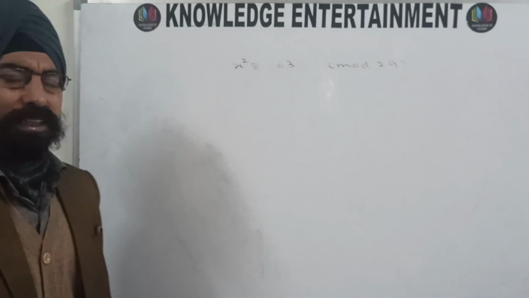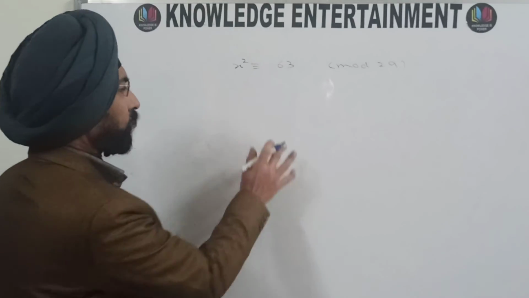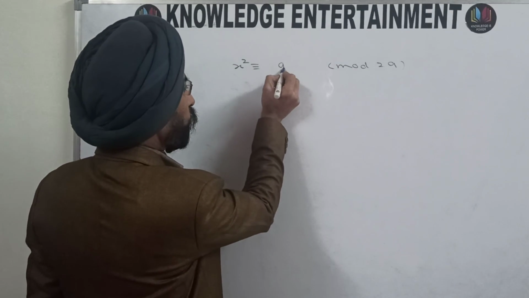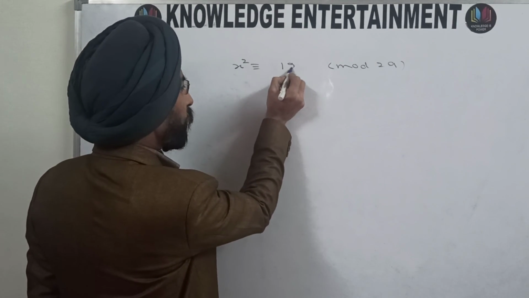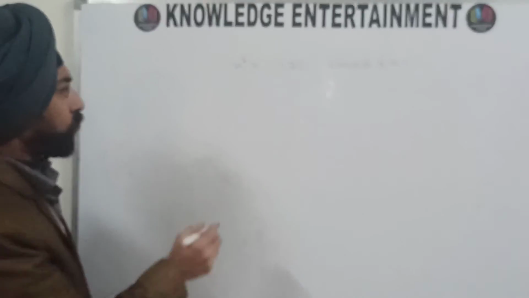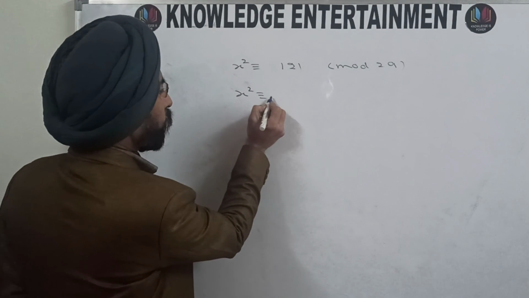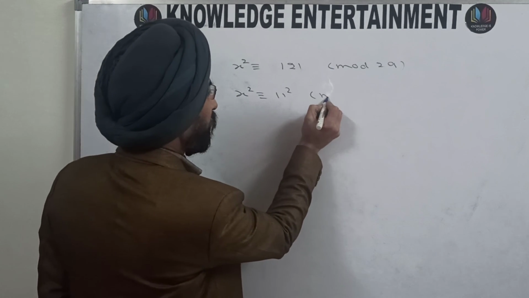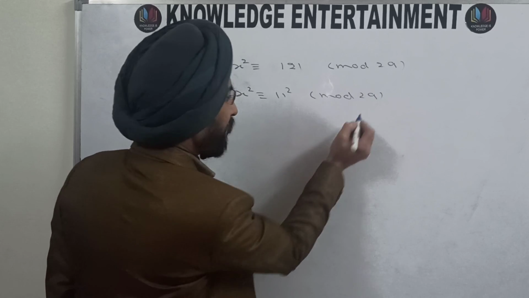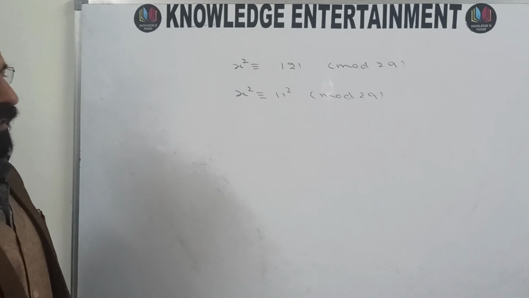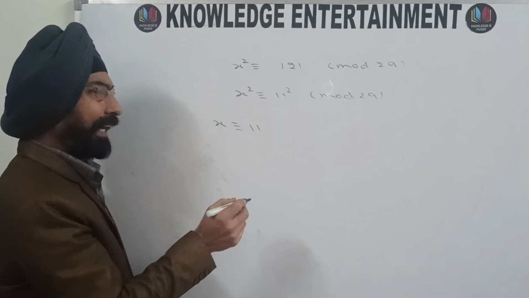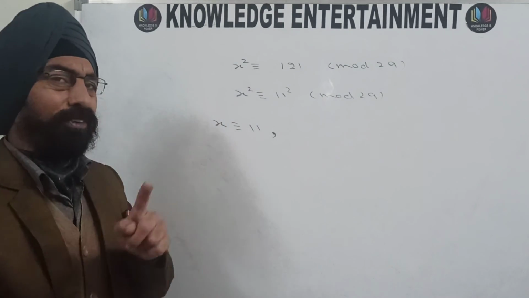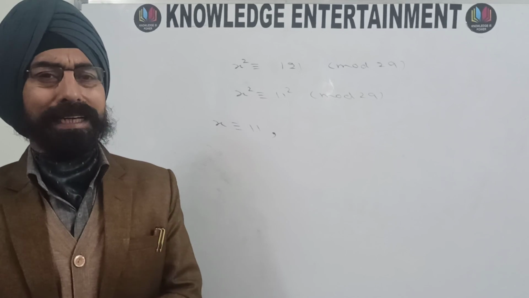Not a perfect square once again. Add once more, and you will get 92. Again not a perfect square. Add 29 once more, and you will get 121, which is a perfect square. So x square is congruent to 11 square modulo 29, and now very clearly the two solutions are: one is x congruent to 11 and the other is its complement, because if one is x naught, the other is p minus x naught.